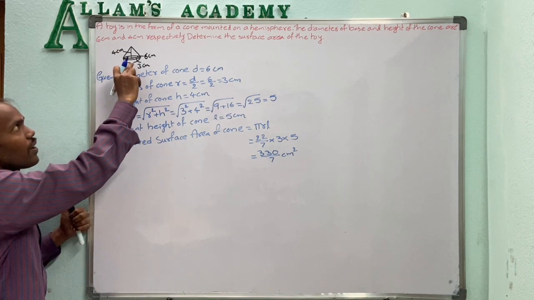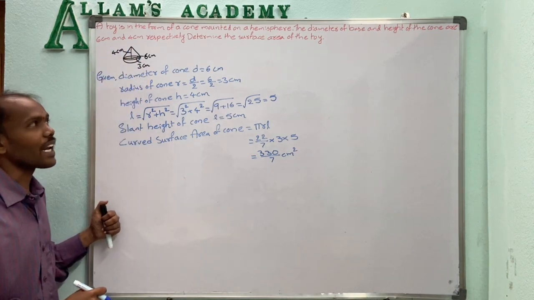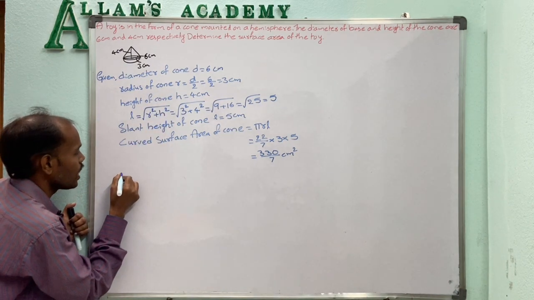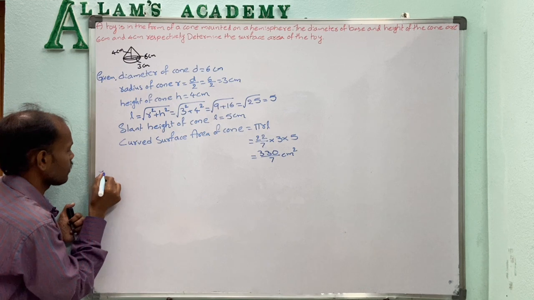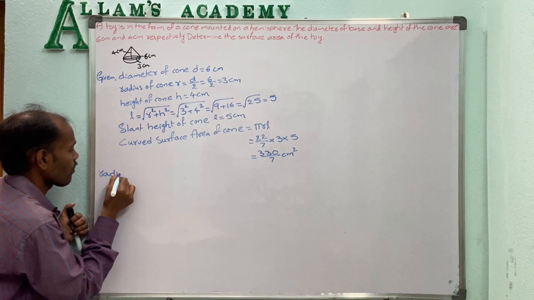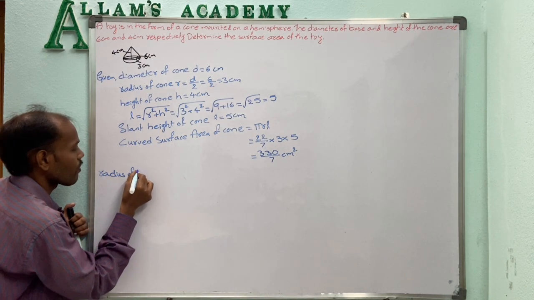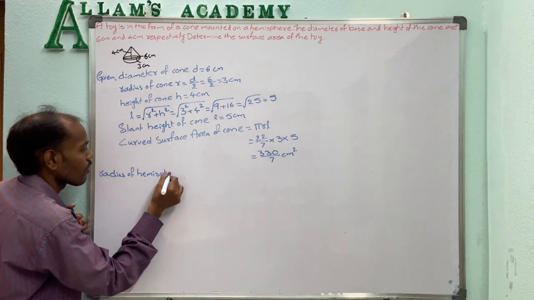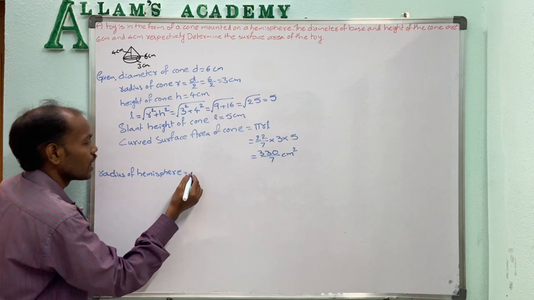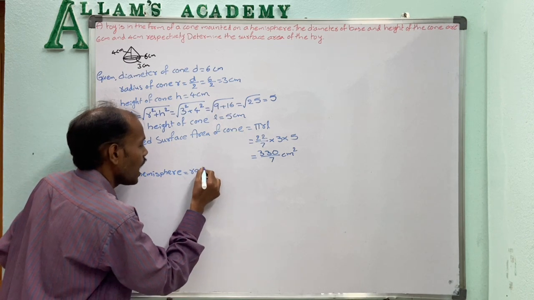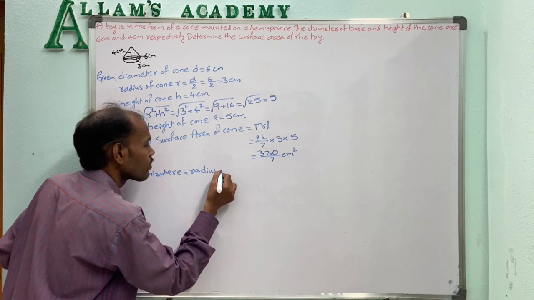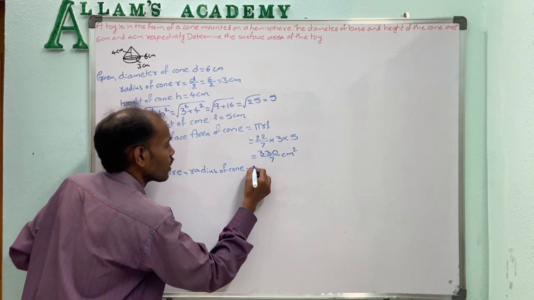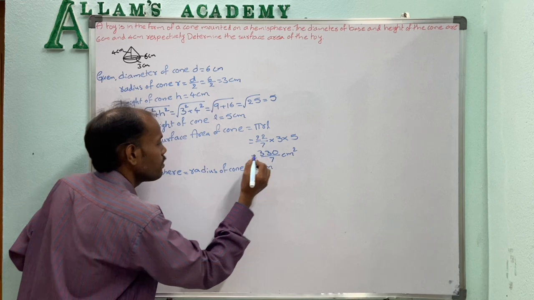The radius of the hemisphere is the same as the radius of the cone, which equals 3 centimeters.